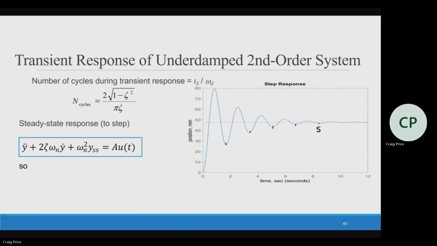Is there a way we can find y steady state? You say DC gain? No.